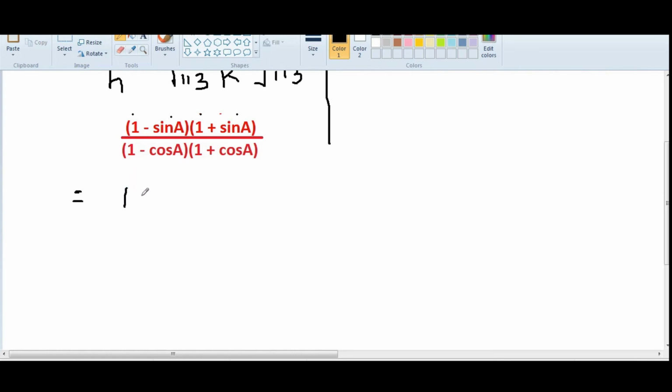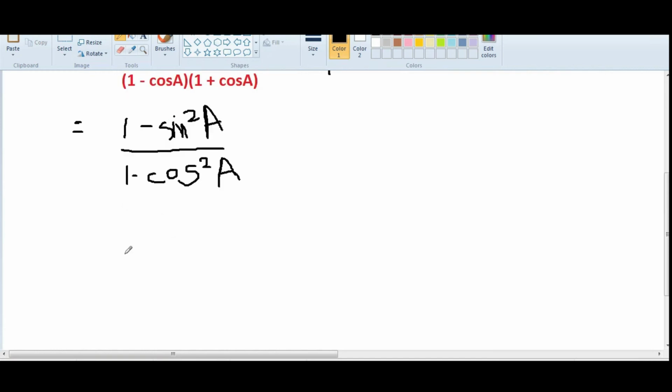So 1 square will be 1, and sin square a. The same goes for the denominator part: 1 square will be 1 and it will be cos square a. So sin square a and cos square a.